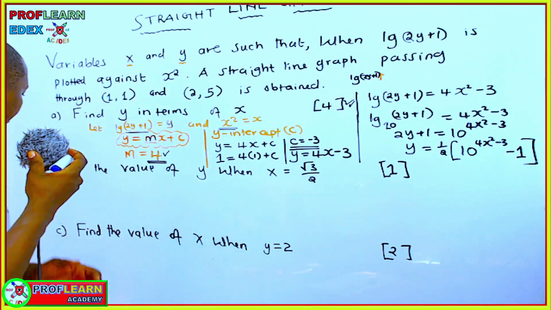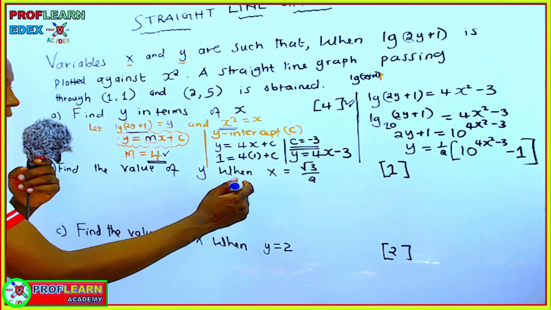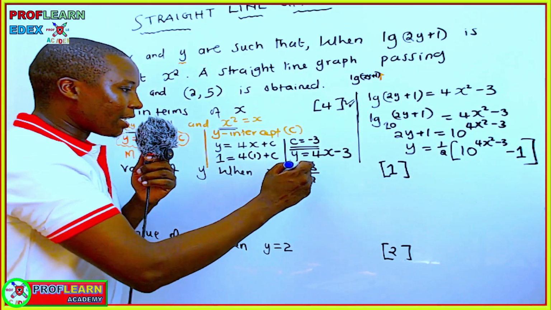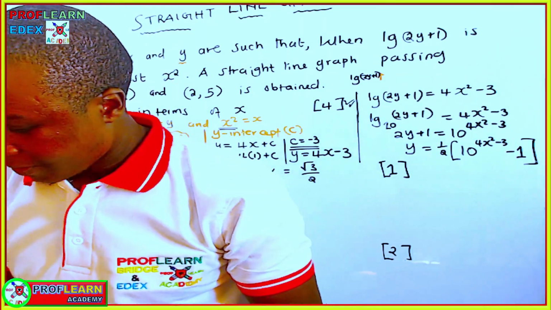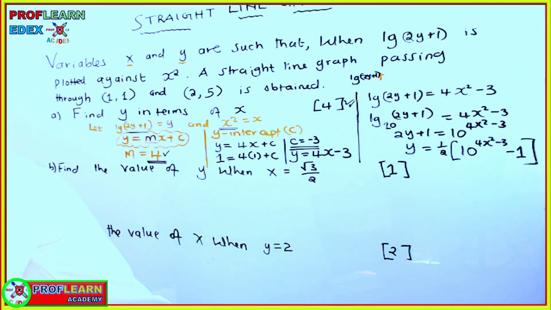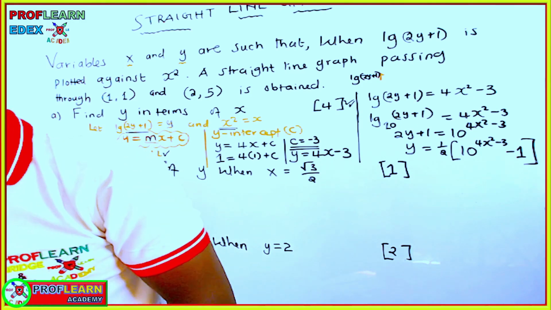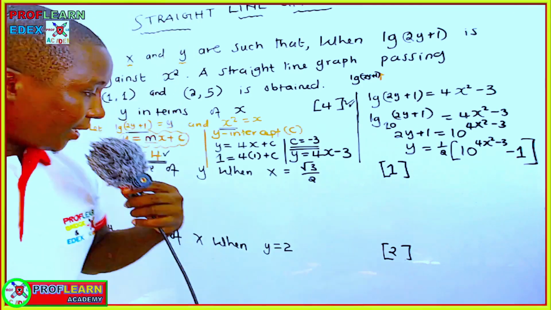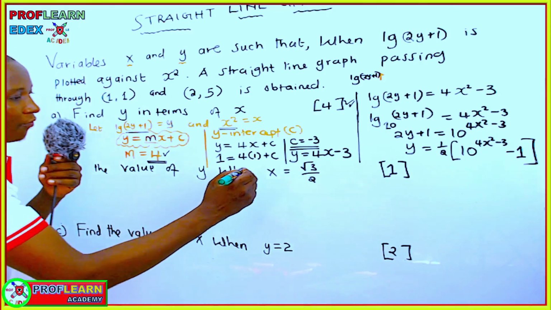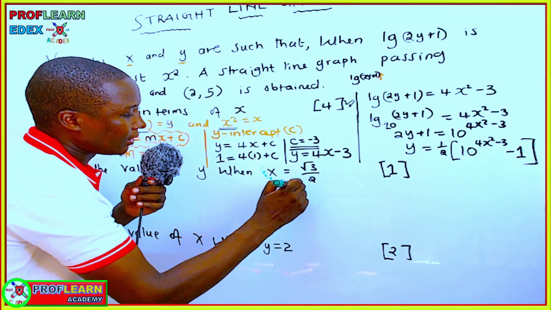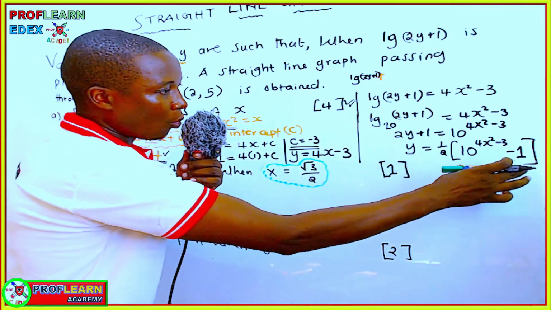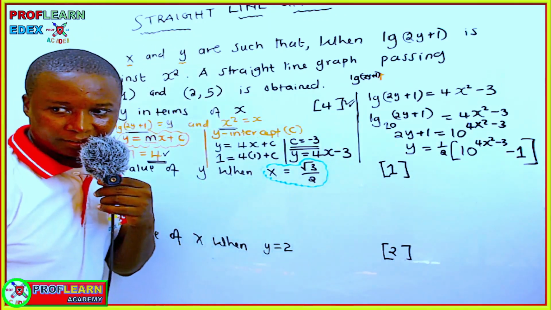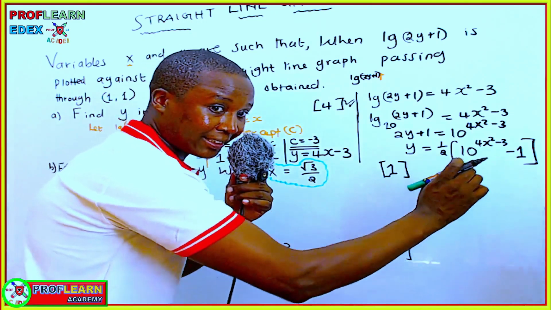So we're going to find the value of y when x is root 3 over 2. In this case, we are supposed to find the value of y when x is actually this value that we are given. But we know our y is this part.